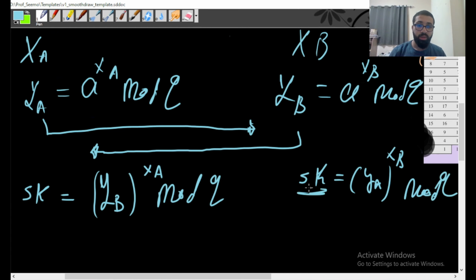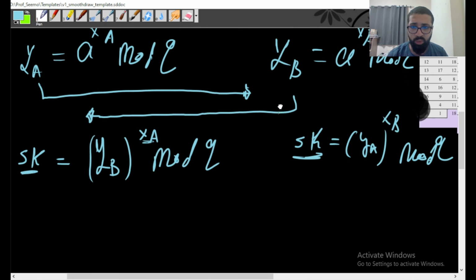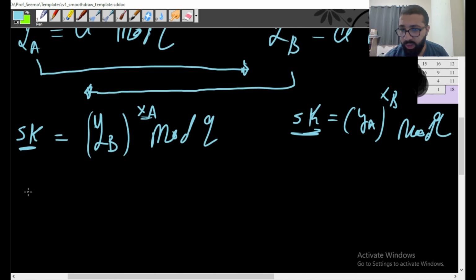Now here, they both have shared secret keys that are unique. Let's prove it real quick. We take the left side. SK is equal to, what is the value of YB?